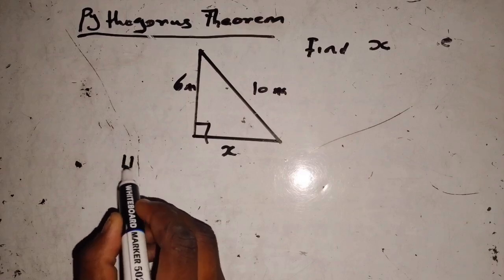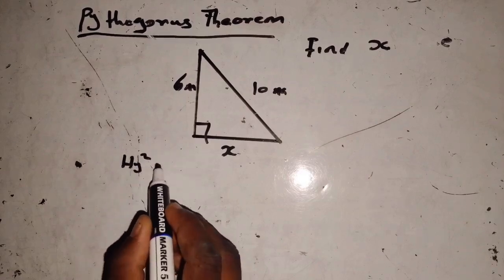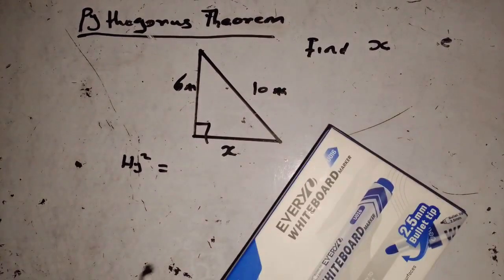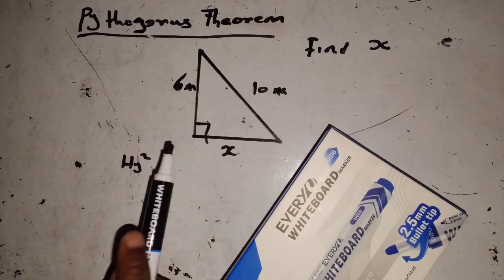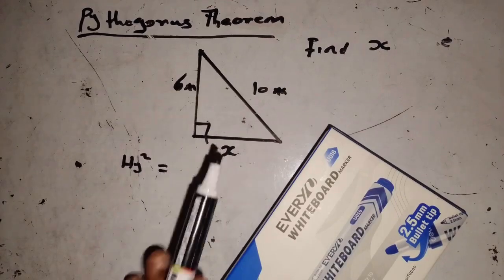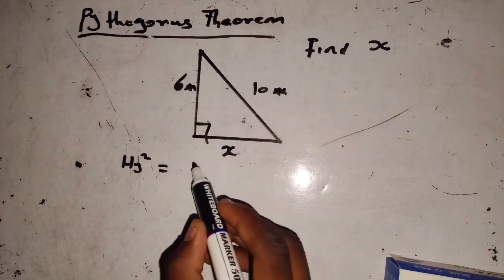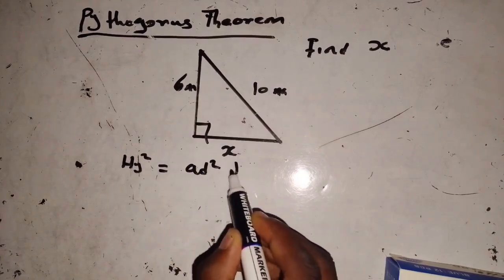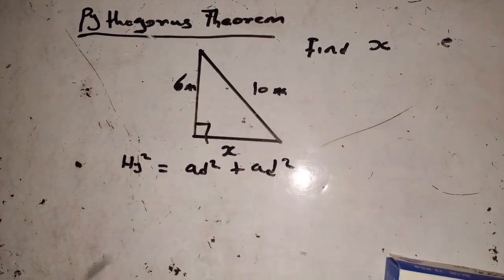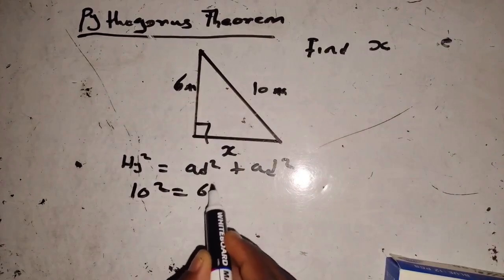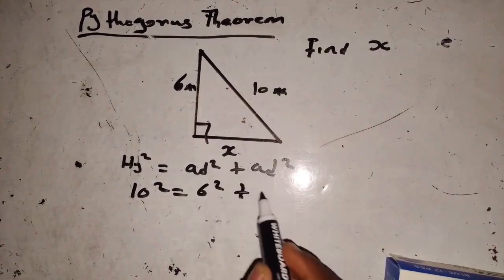Hypotenuse squared is equal to adjacent squared plus another adjacent squared. So this is the formula. Our hypotenuse is 10, so we're going to have 10 squared is equal to the adjacent, which is 6 squared, plus x squared.